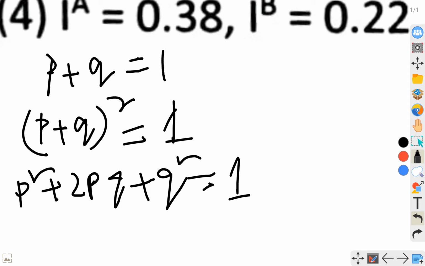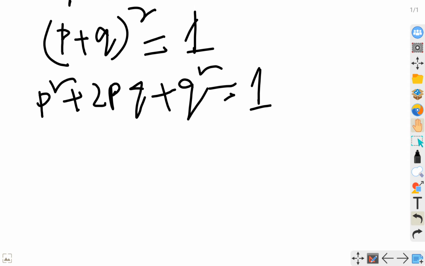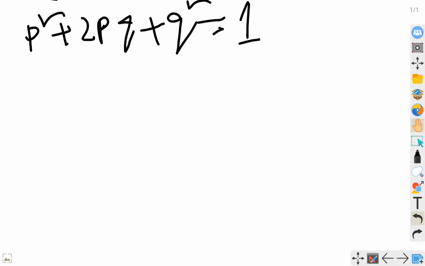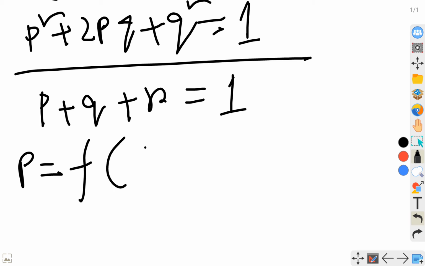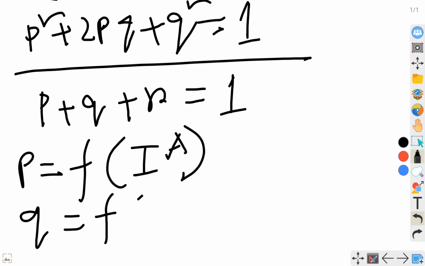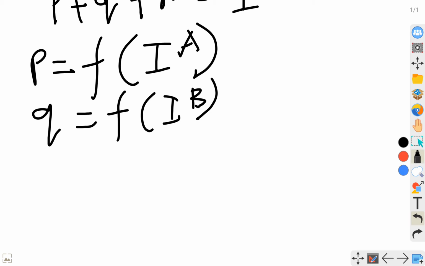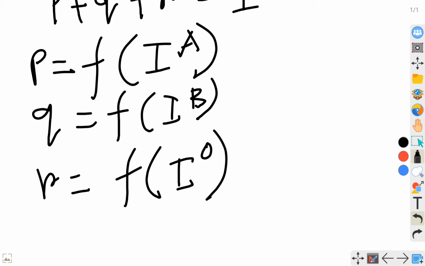Now we will take P plus Q plus R, three variables, is equal to 1, where P is the frequency of IA allele, Q is the frequency of IB allele, and R is the frequency of IO allele.